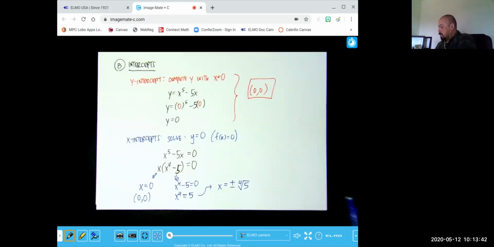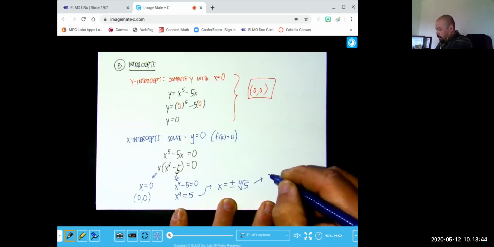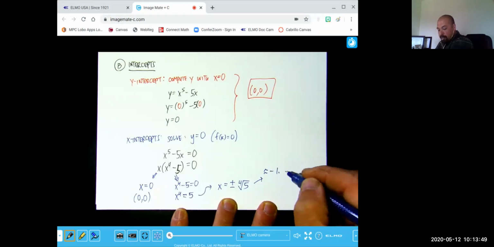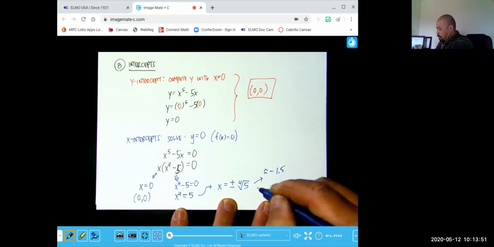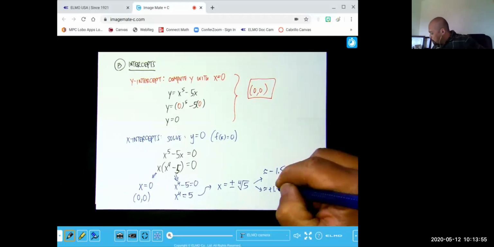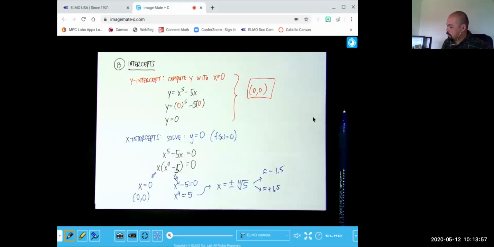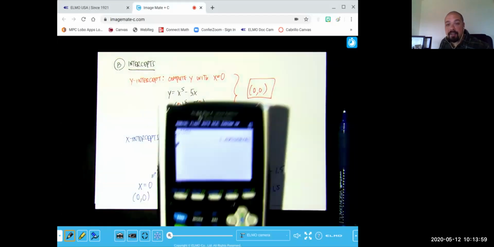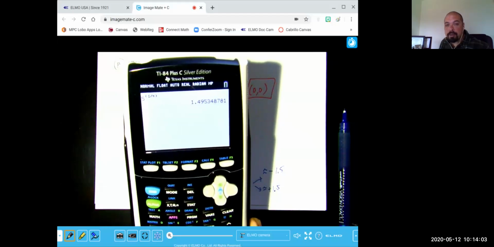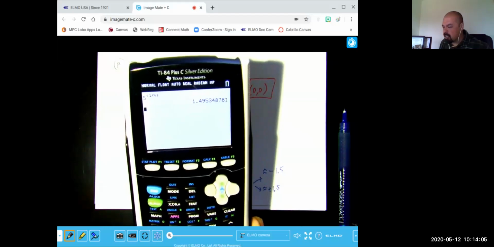Okay, and so this is going to be approximately negative 1.5 and positive 1.5, right? It's a longer decimal.